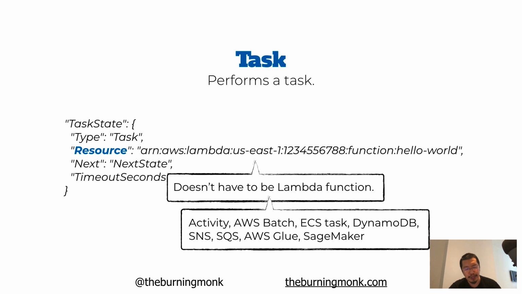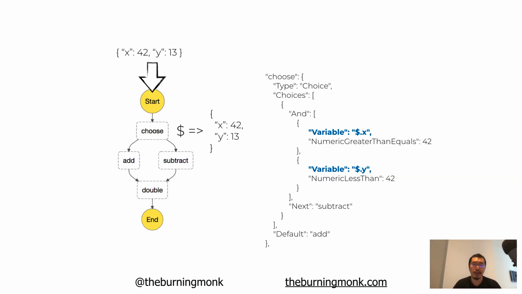I mentioned earlier that when you start an execution of your state machine, you give it some input. That input is bound to this dollar symbol, and it's passed into your first step in the workflow as the input. We can reference different attributes of that input using this syntax, like $.x, to access the value of the x attribute on the input.